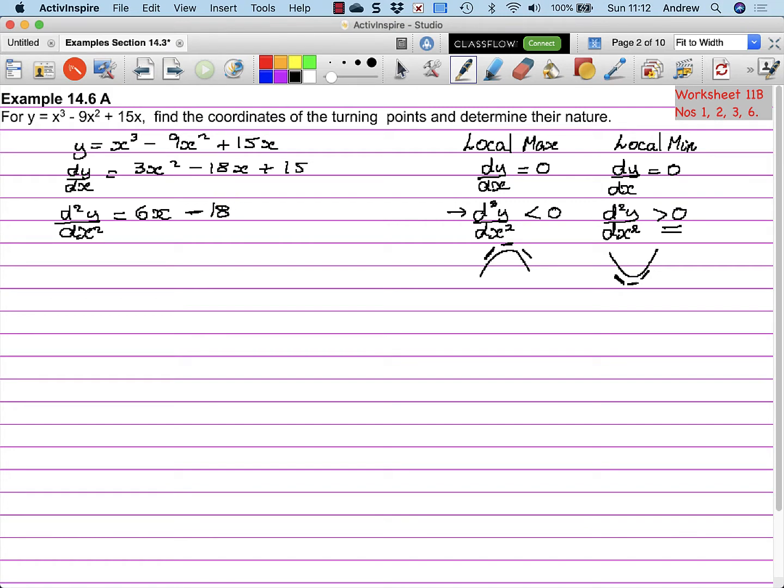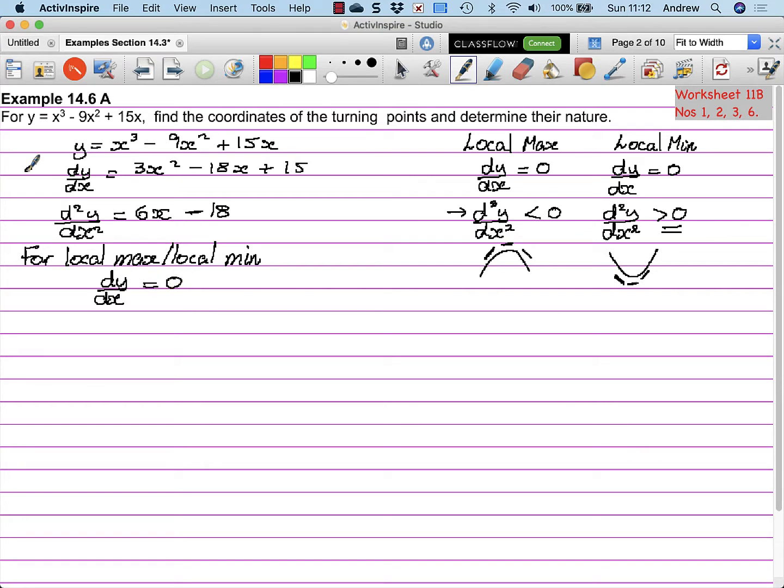The language we use and the way we write it down should always be the same. So now I'm going to write down for local maximum stroke local min. We have a formula. For local maximums and local minimums, the formula is quite simply dy dx is equal to 0.